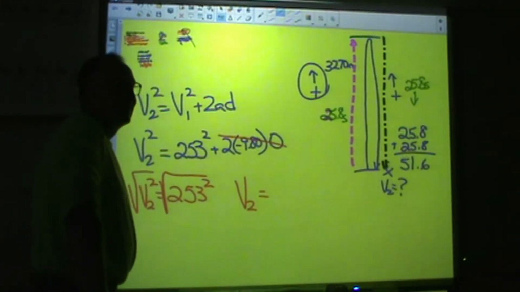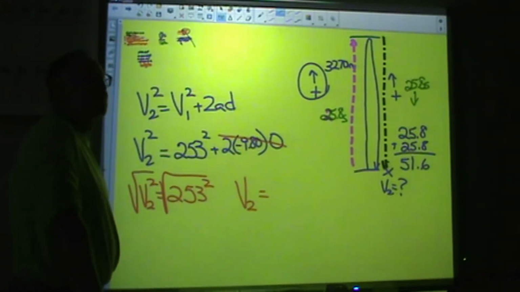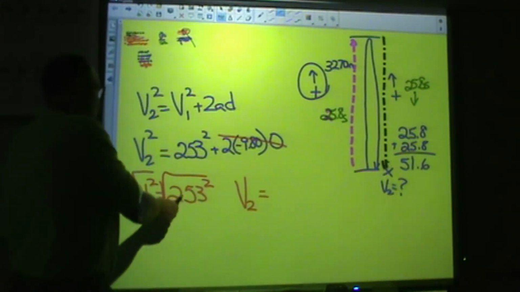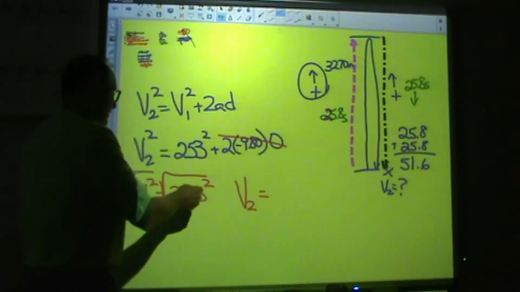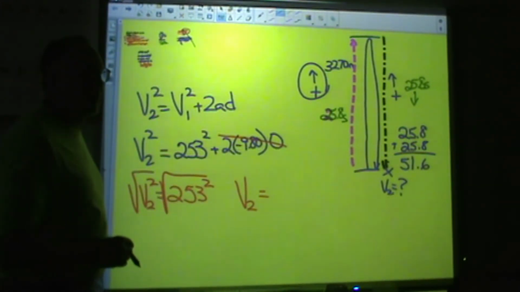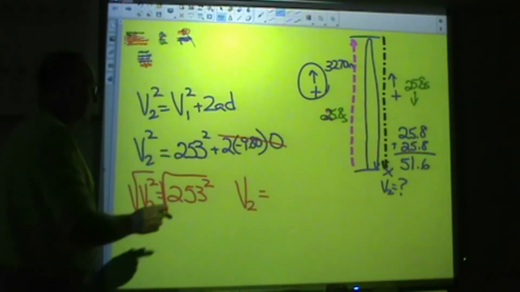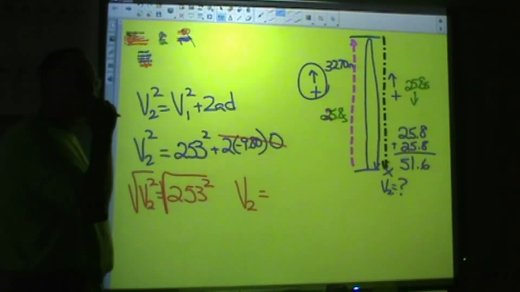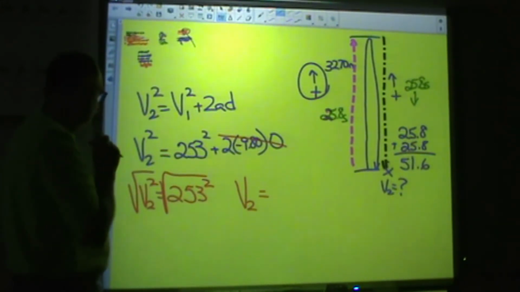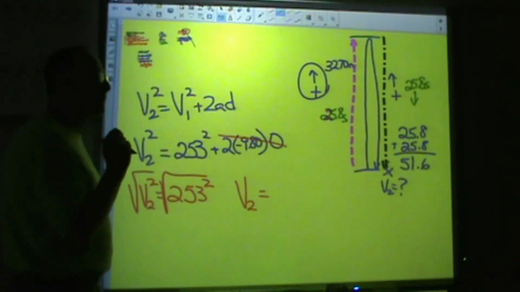Let's go back to this. Remember algebra, what's the answer going to be? Well, both sides are squared, and you took the square root of both sides. So it should be the 253, right?